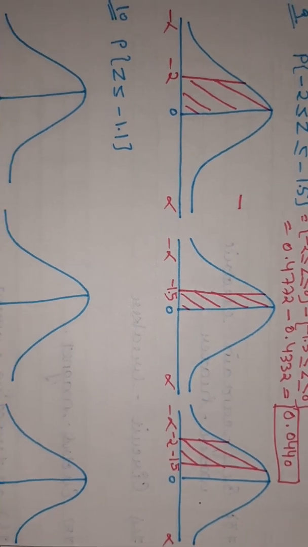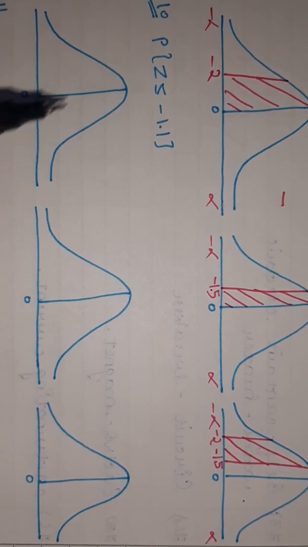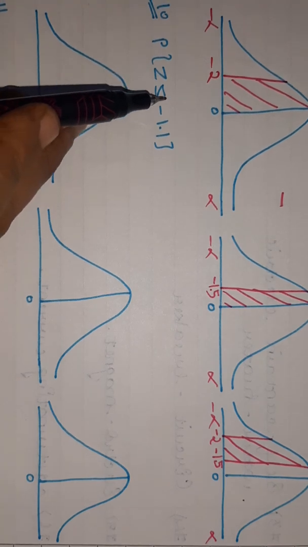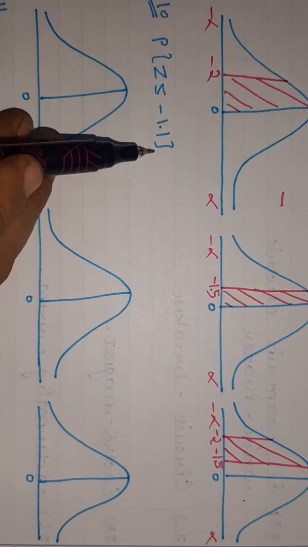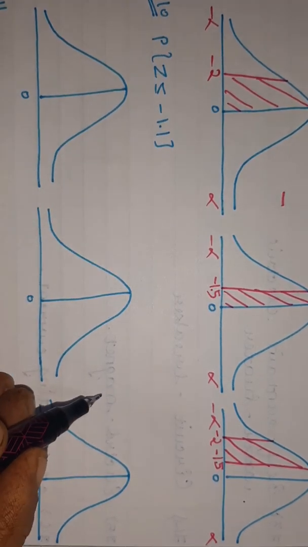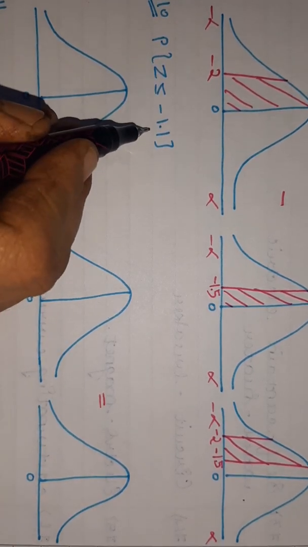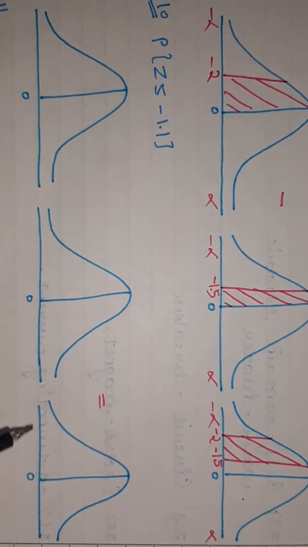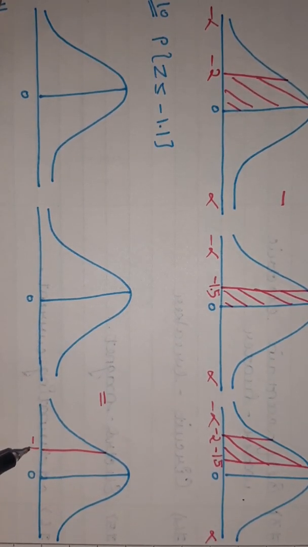Now the last sum of this type: the value of z less than or equal to minus 1.1. Again, where will this area be? First of all, it's minus 1.1, so minus will obviously be on this side.